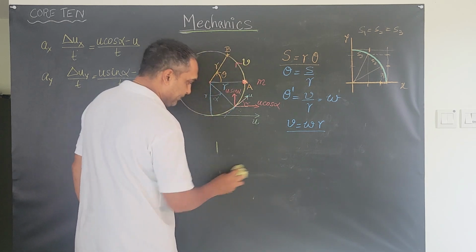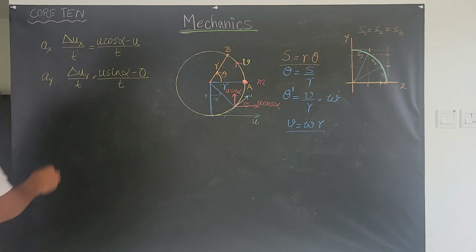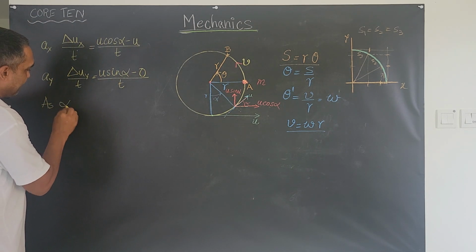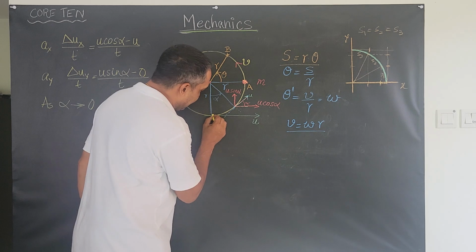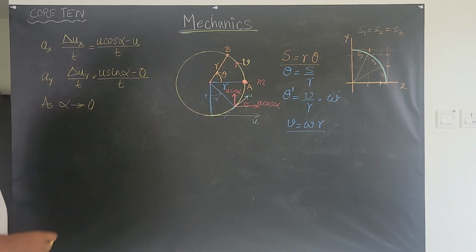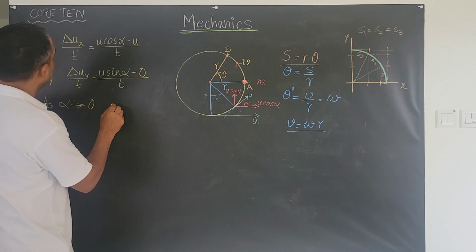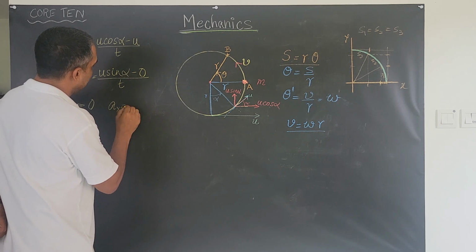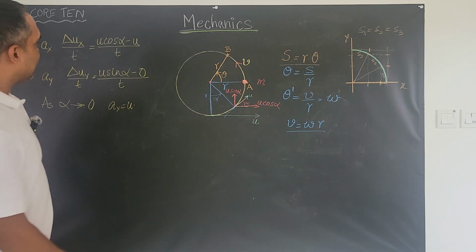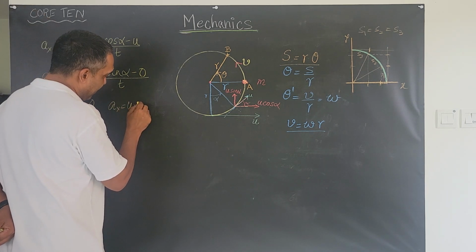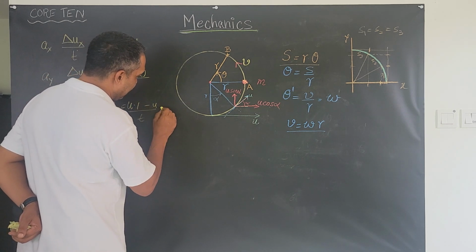And if I do that, what do I get here? As alpha approaches 0, what is that incremental piece in the change in velocity? You can see u times cosine alpha effectively becomes u times 1 minus u, divided by t, which is nothing but 0.